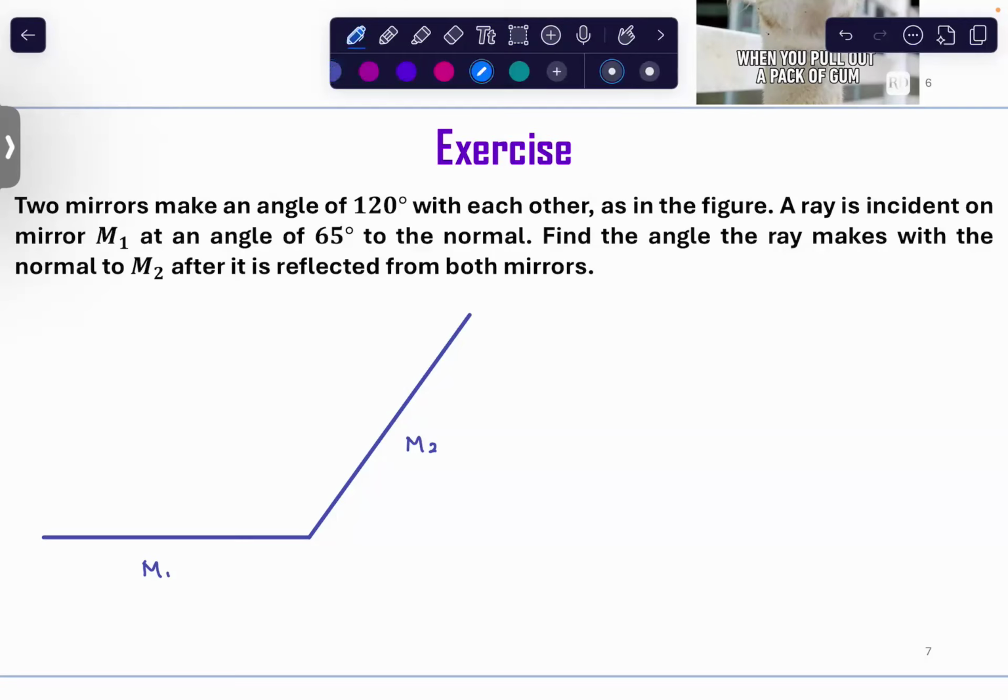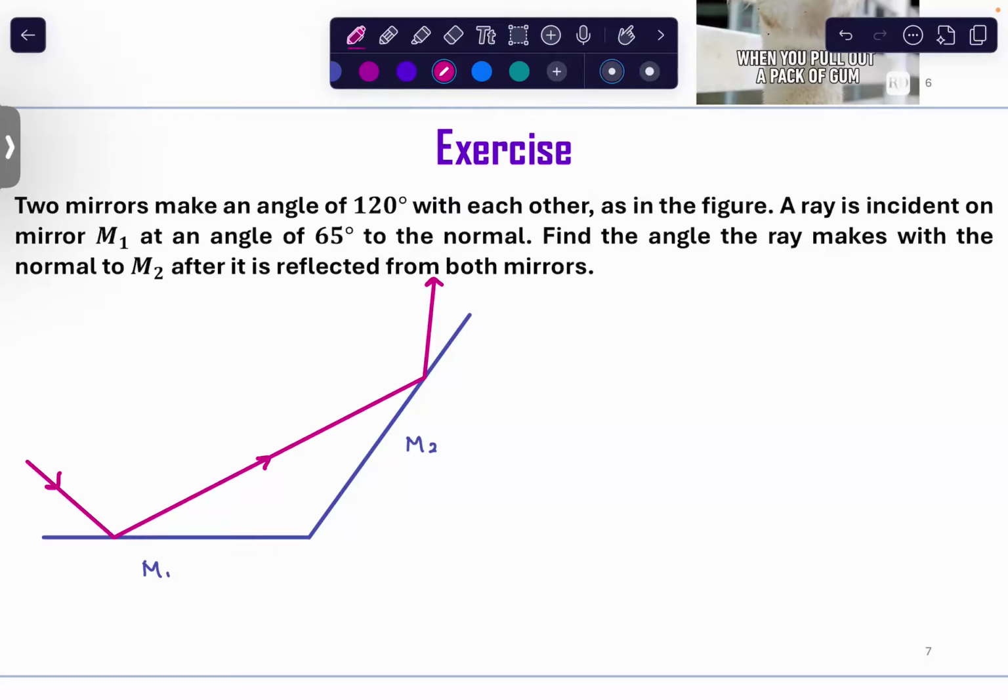Okay, so we say it's going to come in and hit the mirror. Then it's going to come out. Then it's going to hit that mirror. And then it's going to go that way. So it's coming in that way, reflects, and then leaves.